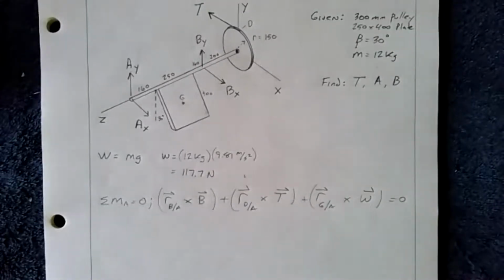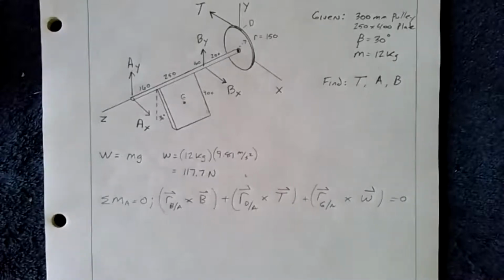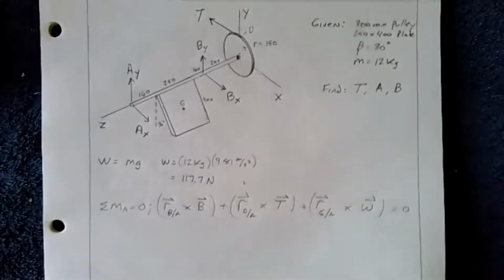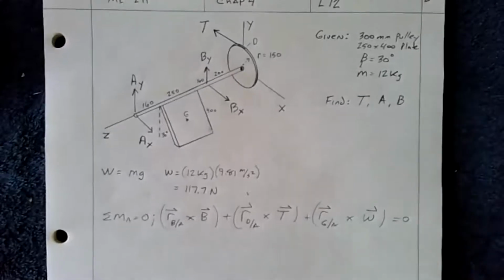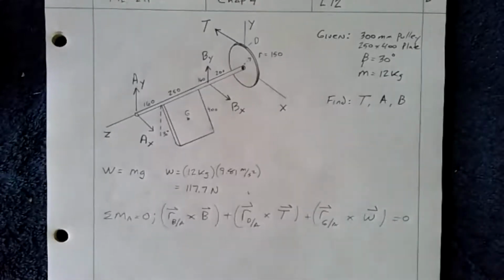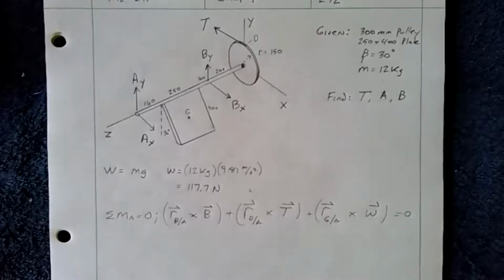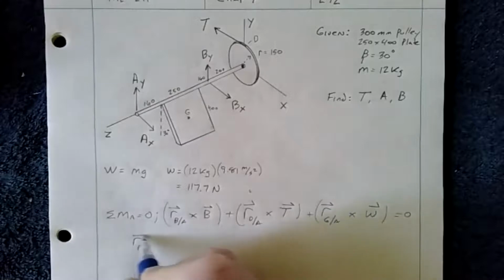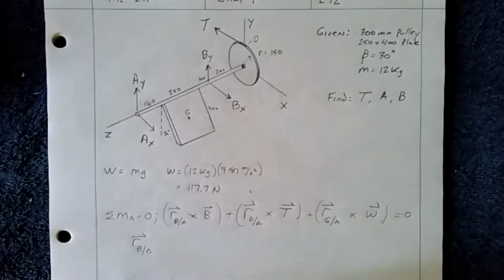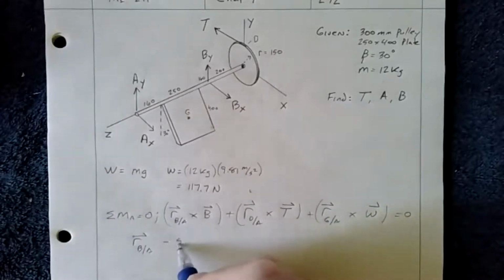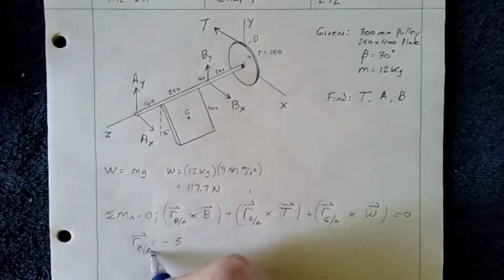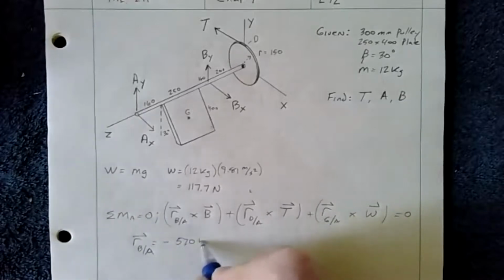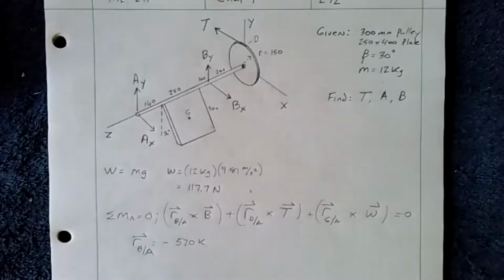Now, we need to figure out what our respective vectors are. So go ahead, we know that R, B relative to A, if I'm going from A to B, is just going to be minus 570 in the K direction. Okay.